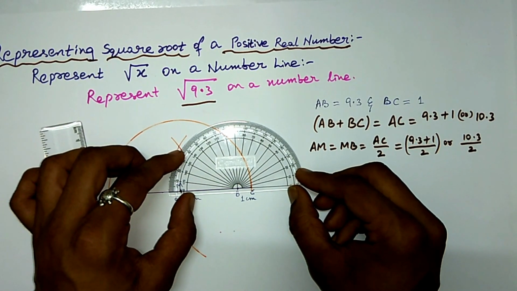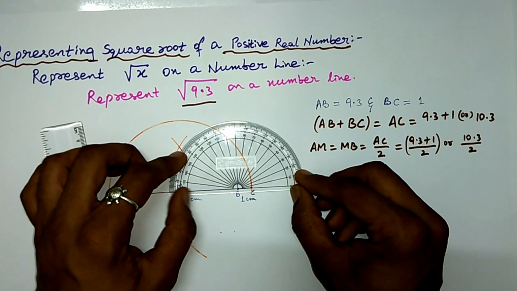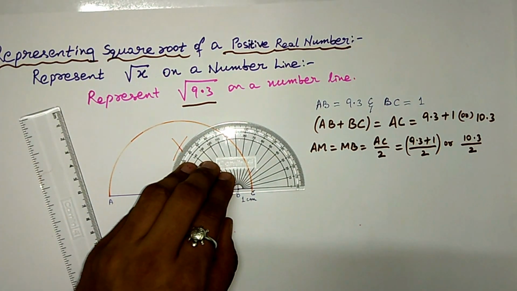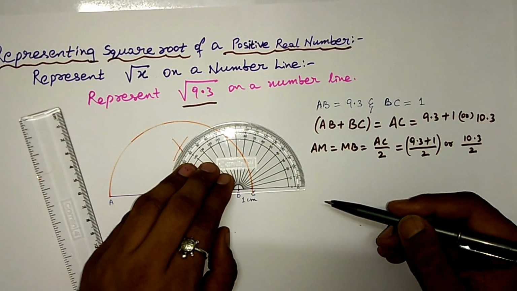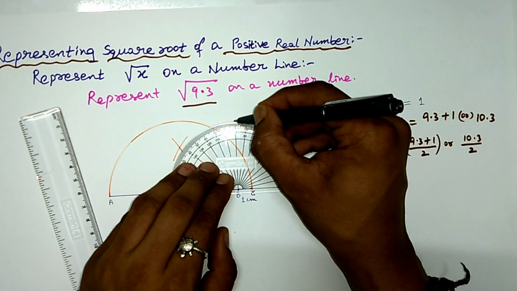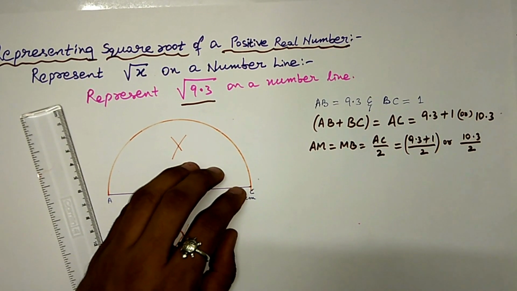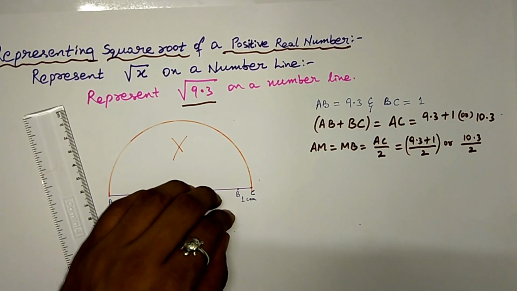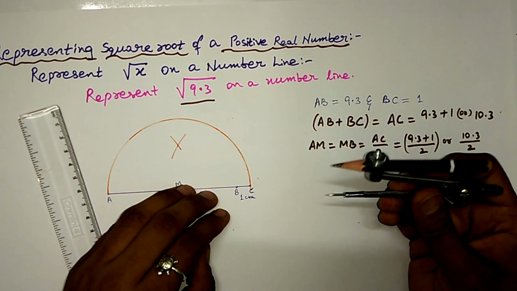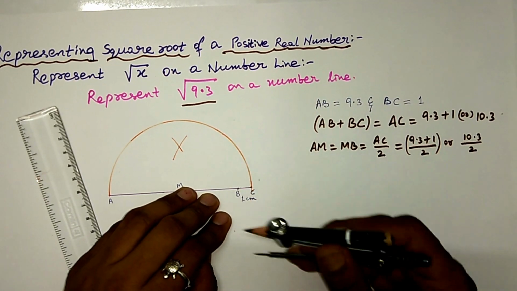That is one thing we learned in class 8th, but it is not advised to use a protractor. Why? Because from 9th onwards you are learning pure geometry, where you must use only a pair of compasses. So what to do?